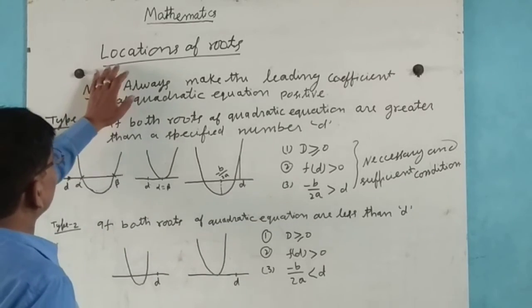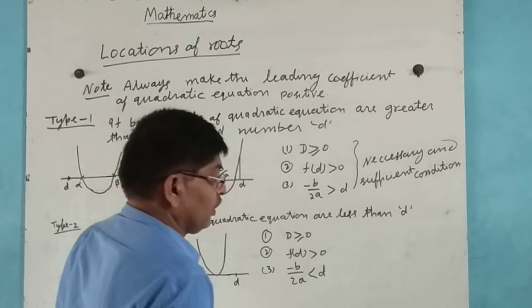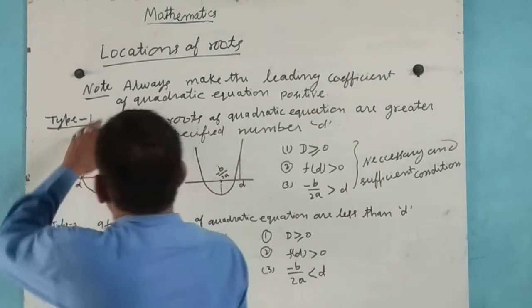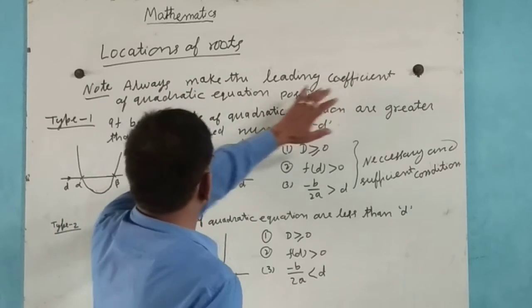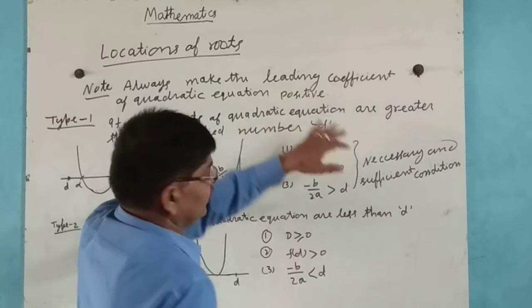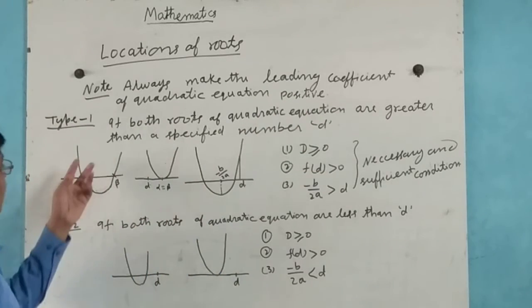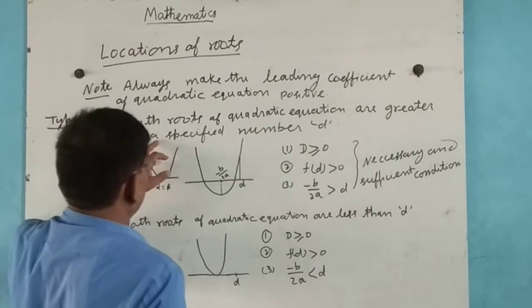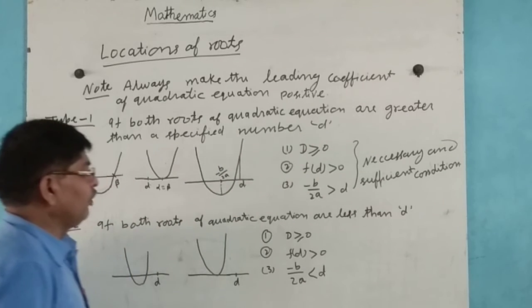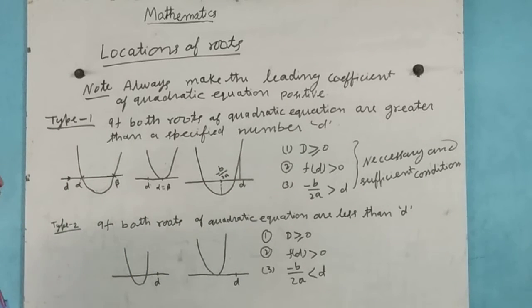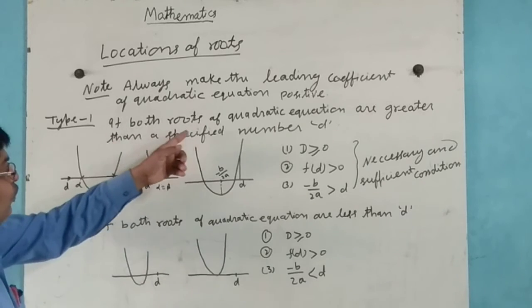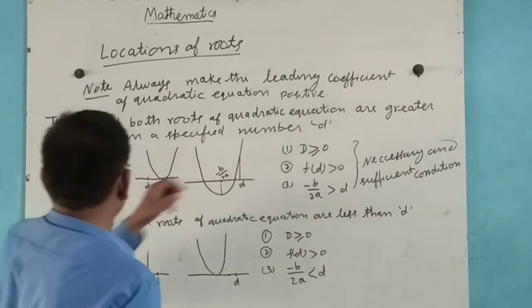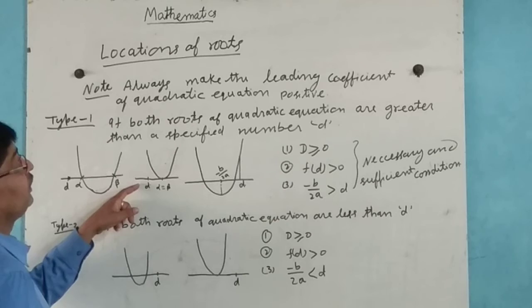Now, location of roots. Here we discuss the location of roots. Always make the leading coefficient of the quadratic equation positive. Type 1: if both roots of the quadratic equation are greater than a specified number d, take a point d.